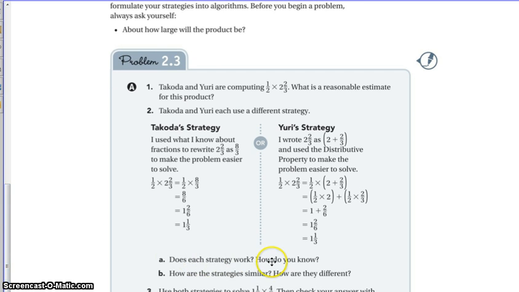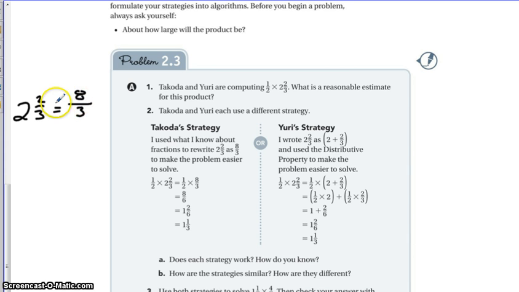It says, does each strategy work, and how do we know? Well, if we follow the multiplication of Dakota, we know that 2 2/3 is the same as 8/3, because if we turn the mixed number 2 2/3 and multiply the denominator times our whole number and add in our numerator, we get 8 over 3.